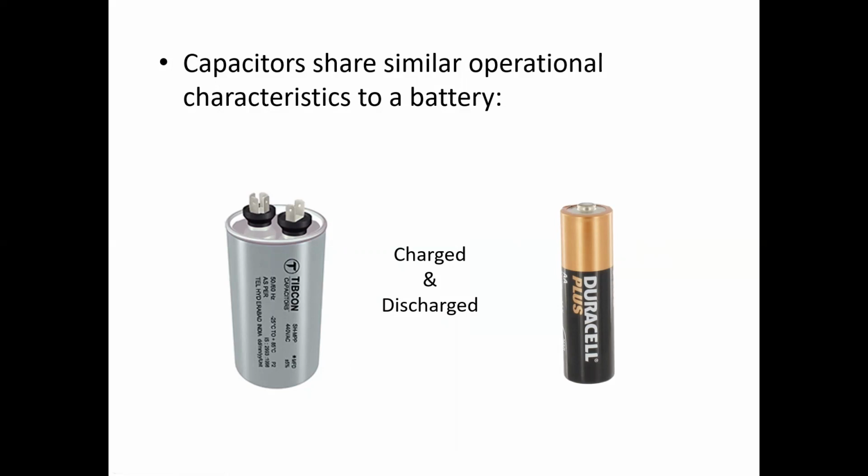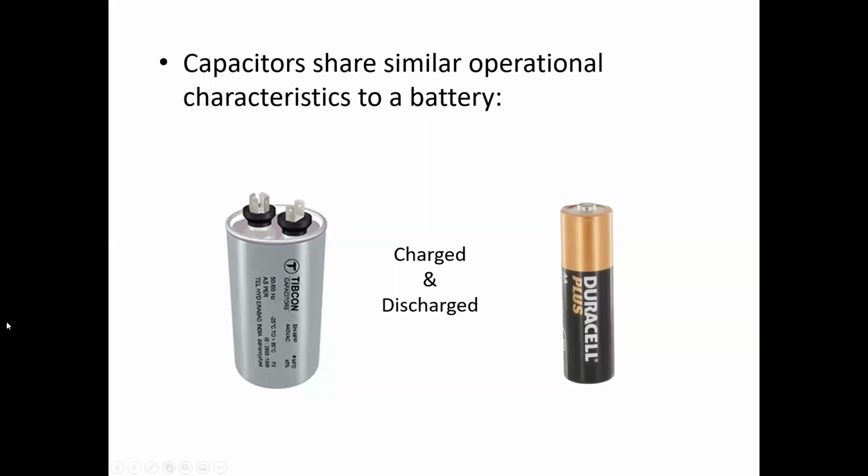And so the amount of charge that a capacitor can carry is much lower, and the time that a capacitor will be able to deliver a charge will be much shorter.